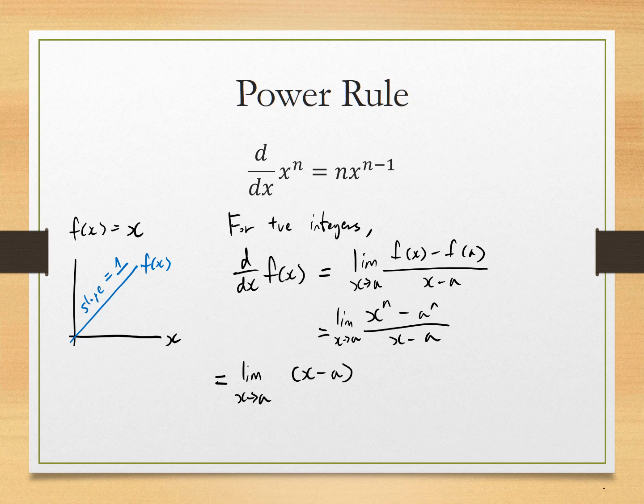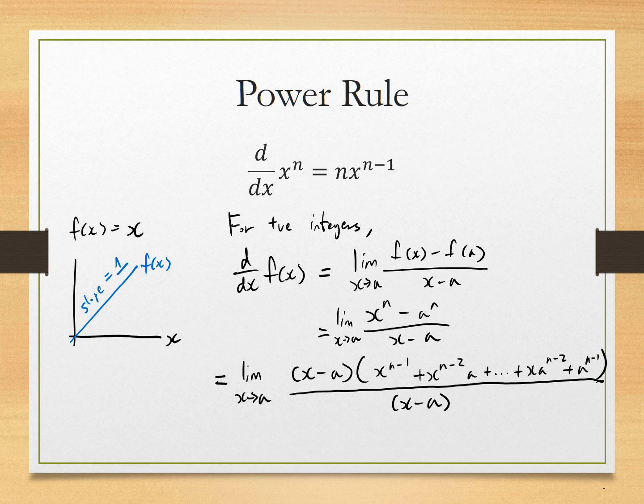You can pull out x minus a, and what you have left is x^(n-1) plus x^(n-2) a plus dot dot dot plus x a^(n-2) plus a^(n-1), over x minus a. So you cancel out the x minus a. You're left with the limit as x approaches a of x^(n-1) plus x^(n-2) a and so on.